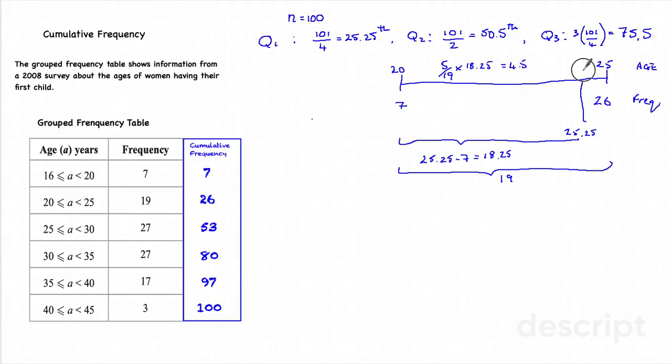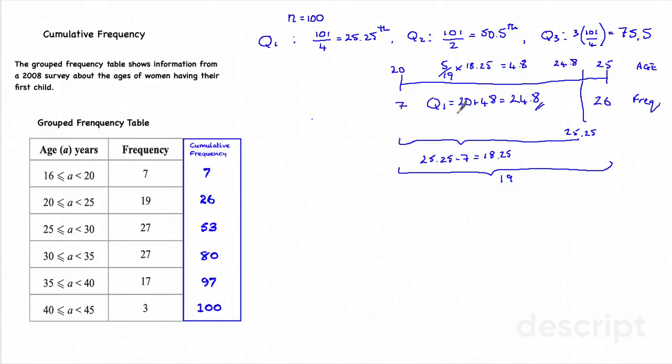So this value here is actually going to be the 20 plus the 4.8. So Q1 is going to be 24.8. You see, it's much more accurate than reading the graph.